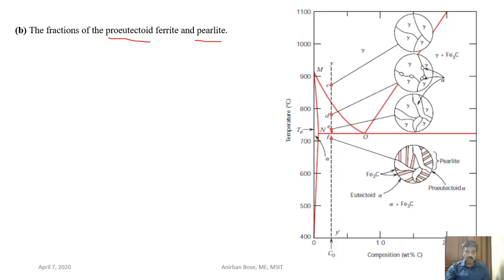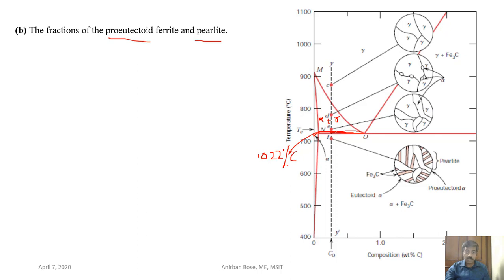So what we do, we have to draw a tie line just above the eutectoid temperature. From that tie line we can find out what are the two phases present in this region, alpha and austenite. So this is a combination of alpha and austenite. What is the composition of alpha? That is 0.022% carbon.